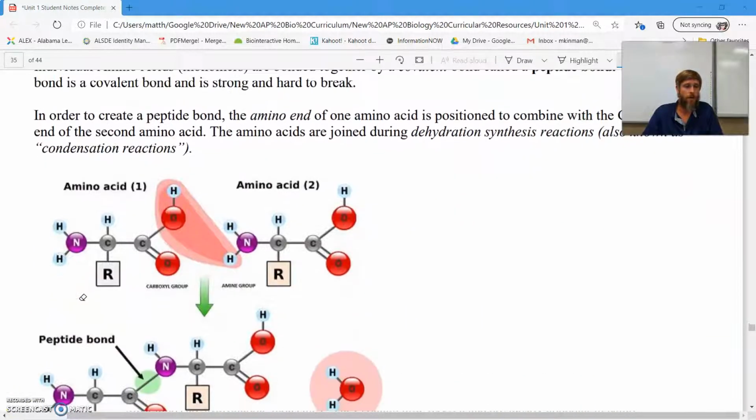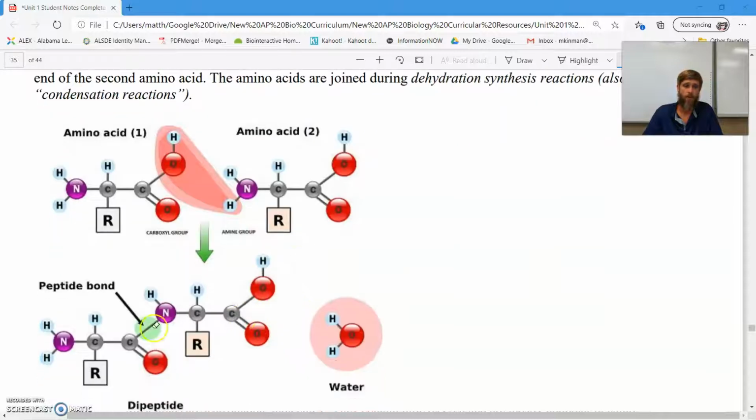So if we look down here, amino acid number 1, amino acid number 2. Here are 2 monomers that are going to bind together to form a polymer. Now, specifically, these monomers are called amino acids. Okay, and they're going to form a peptide, a dipeptide. So look right here. Your amine group is the end that donates a hydrogen.